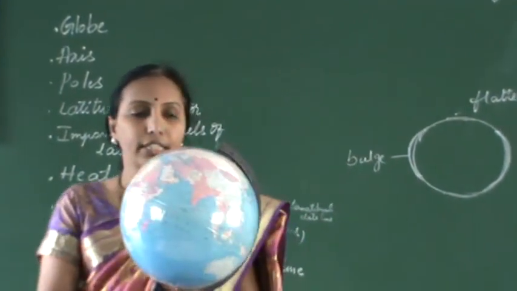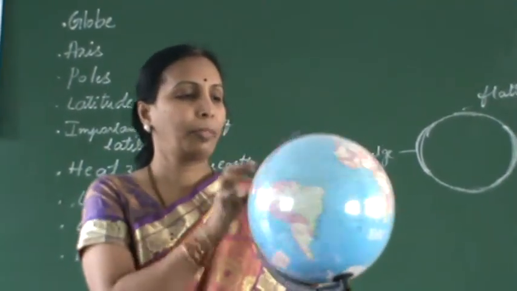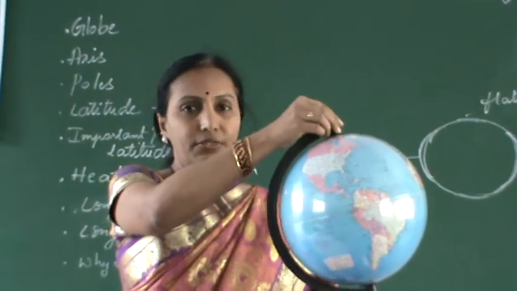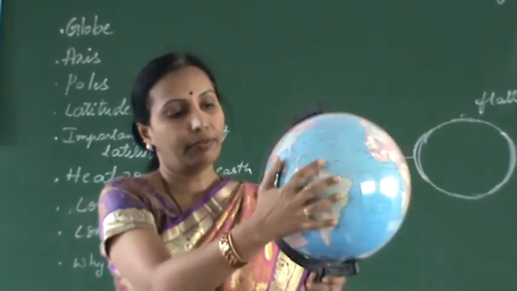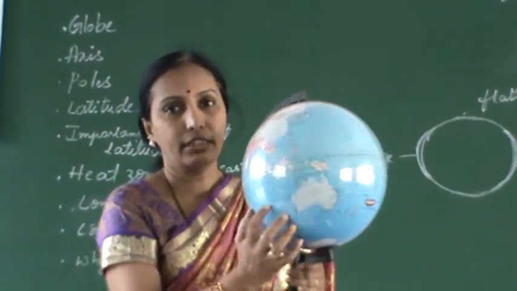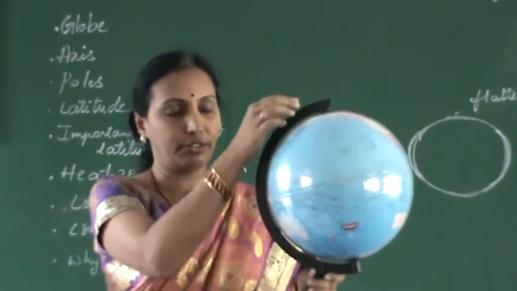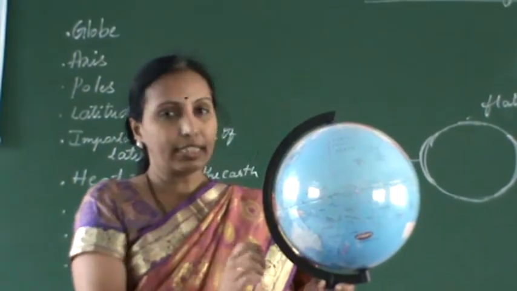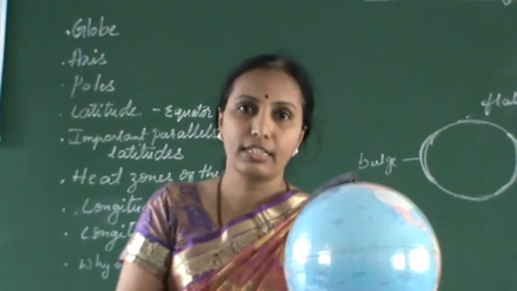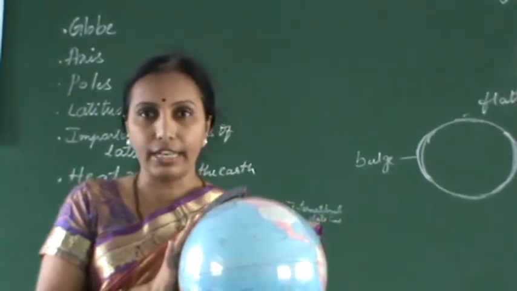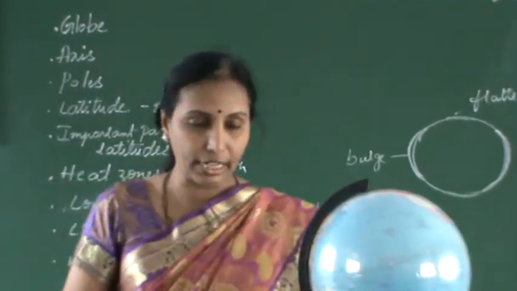Now you can see here, it is fixed with a needle, and it moves across the needle. This needle is called the axis. This is an imaginary line. I am repeating, this is an imaginary line.